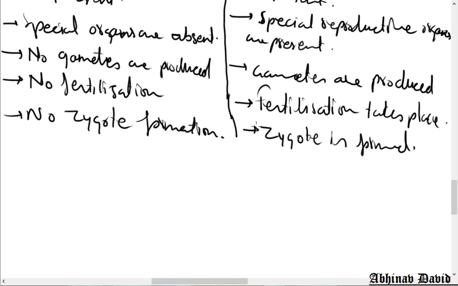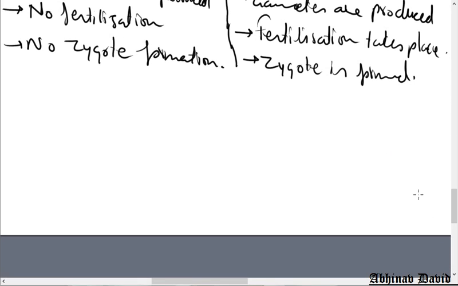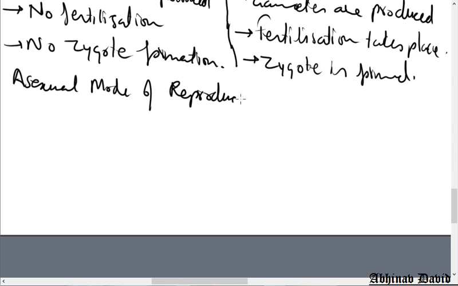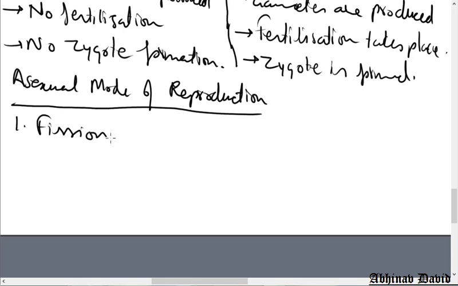Now let us continue with the asexual mode of reproduction. How many types of asexual mode are given in your NCERT? There are basically six types. I will write all of them, then we will discuss them one by one.